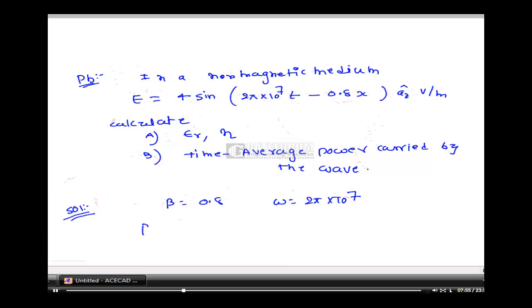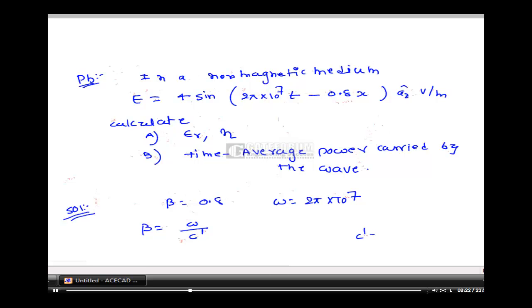We know that beta is equal to omega by C. Here C is the velocity in free space, but here it is given a non-magnetic medium, so it has some epsilon r value also. So it is not C, it is C dash.